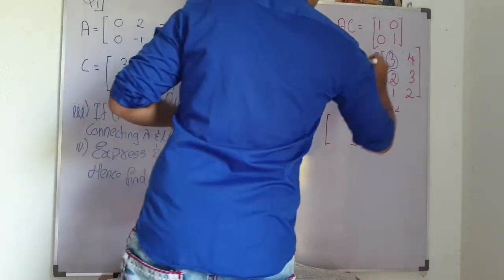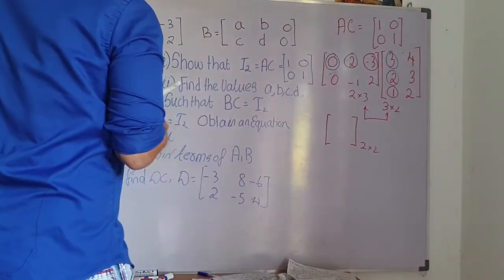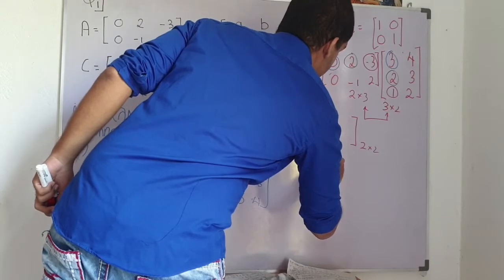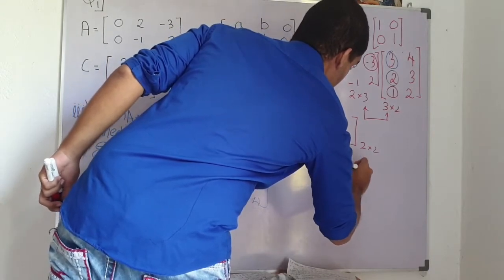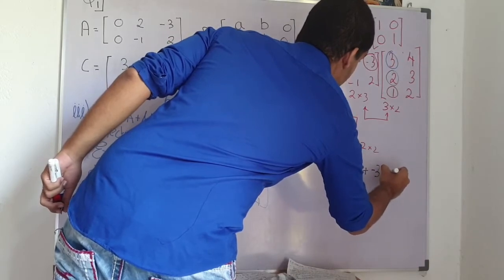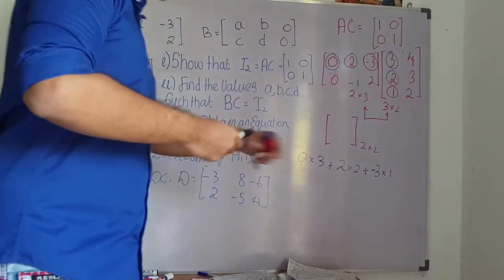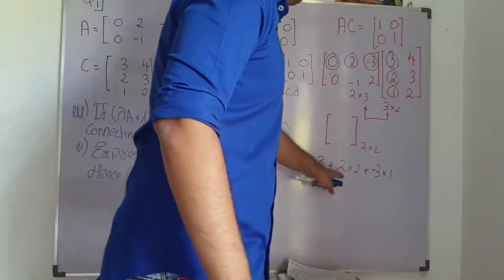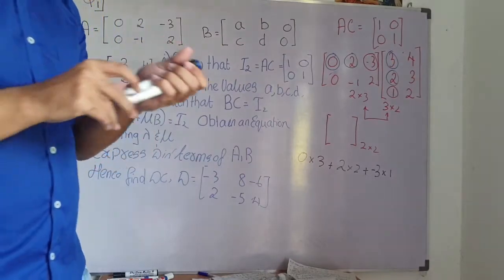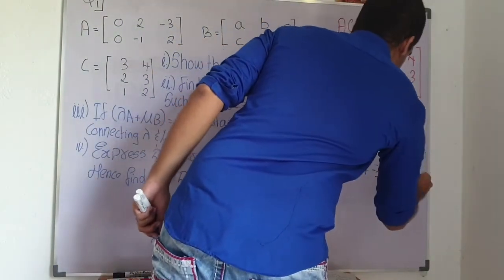And finally minus 3 will be multiplied by 1. So basically this is what you should do: 0 into 3 plus 2 into 2 plus minus 3 into 1. Now you can clearly see that we got 1 here, right? This is equals to 1.